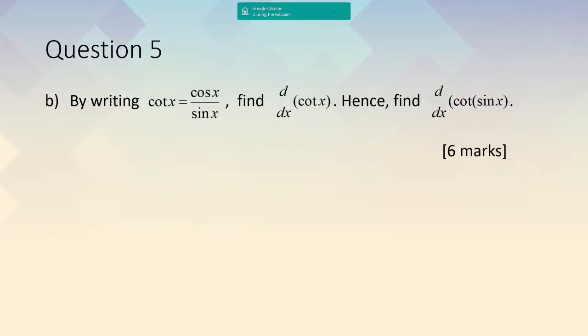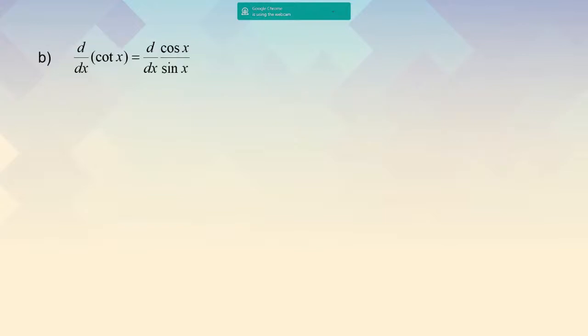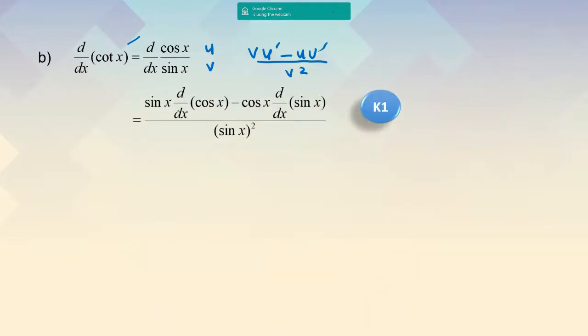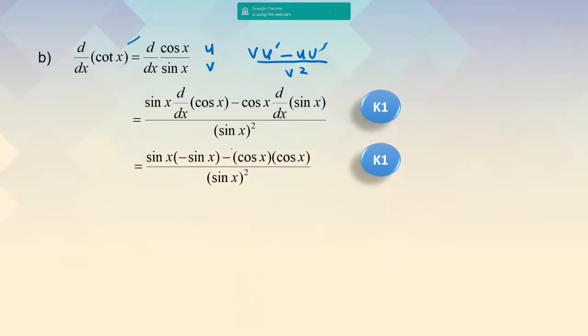So cos over sine by using the quotient rule, uv, so v u prime minus u v prime over v squared. Substitute using the quotient rule, 1 mark, and then substitute the derivative of u and the derivative of v, 1 mark. And then simplify, negative sine squared minus cos squared.